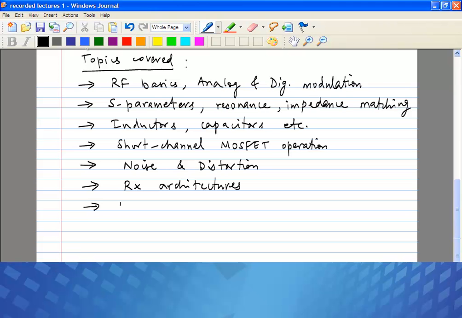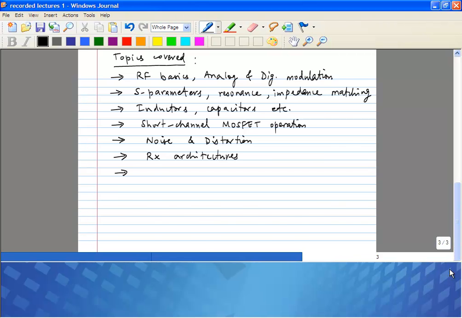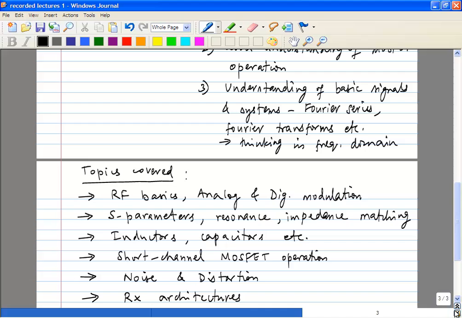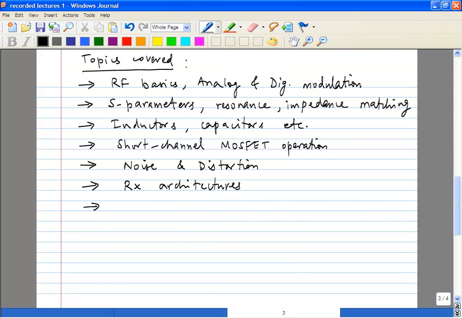After that, we'll look at RF circuits. So we'll look at low noise amplifiers, mixers, voltage controlled oscillators, and if we have time we'll also try to look at power amplifiers.